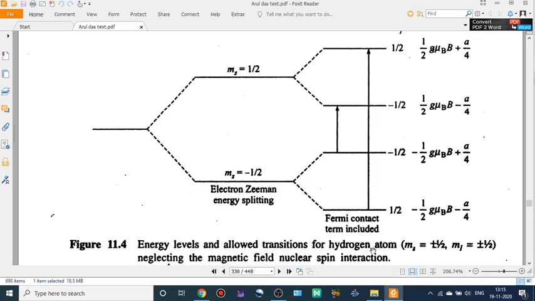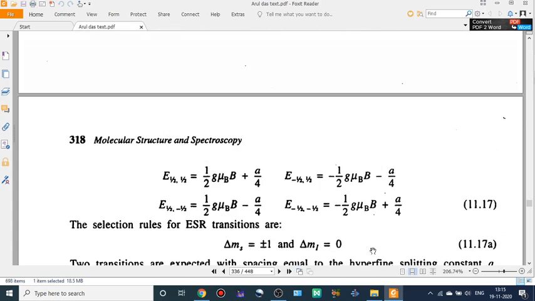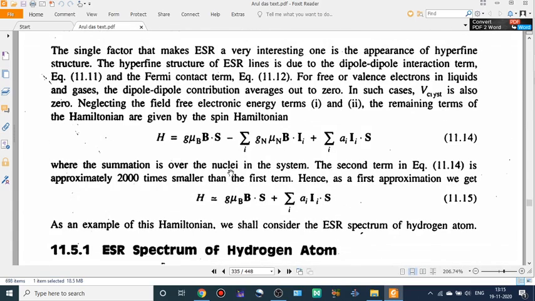Here we consider the total energy. The total energy H is equal to this term, which is for the electron Zeeman energy, the next term is for the nuclear Zeeman energy, and the last term is for the hyperfine interaction.